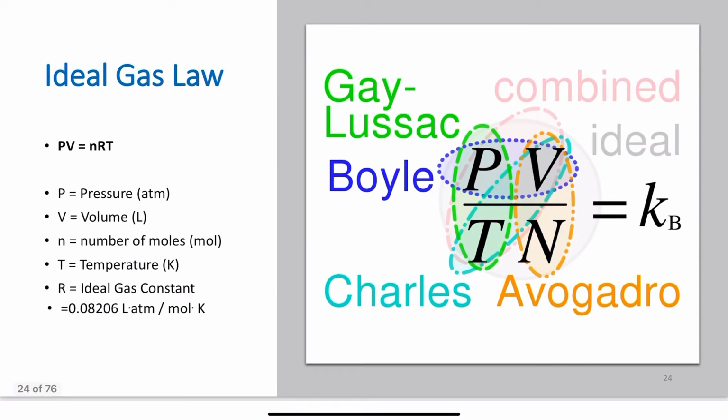So the ideal gas law. First, the ideal gas law is PV equals nRT. P stands for pressure, and in the ideal gas law, it depends on which gas constant unit you're using. We'll talk about the gas constant in a sec, but your gas constant here has specific units. This is the one that I use most often, so I will usually convert my units to get to this point.